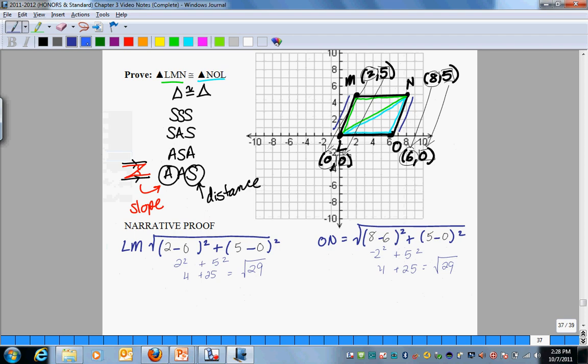So now we're going to go this direction, MN and OL.